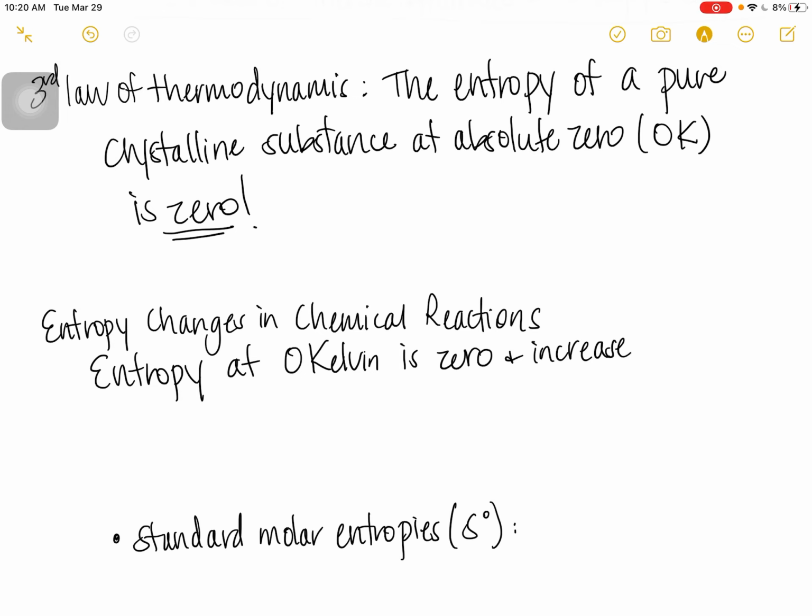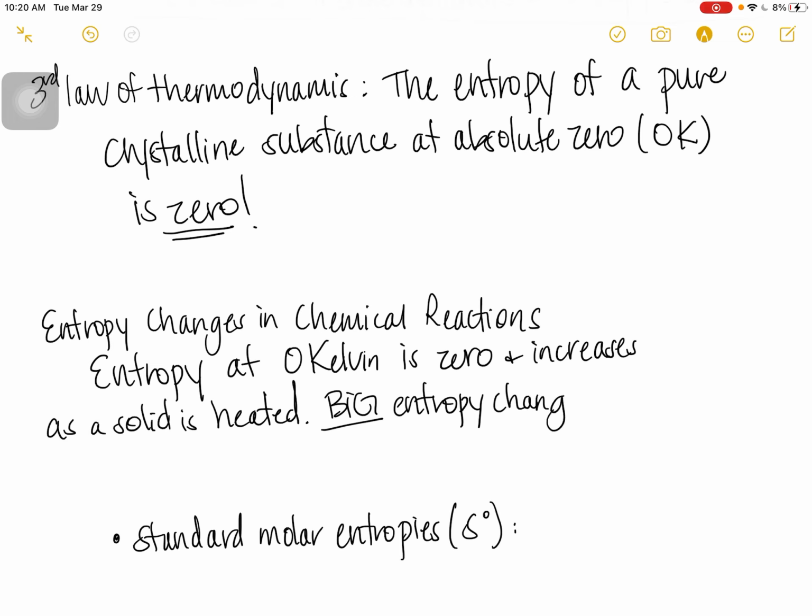And it increases as a solid is heated. Following that, we're going to talk about that we have big entropy changes during phase changes.